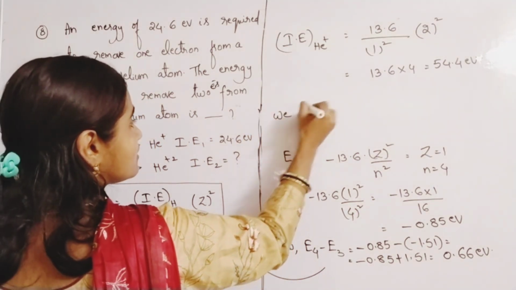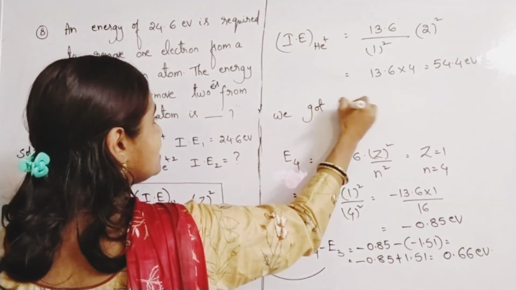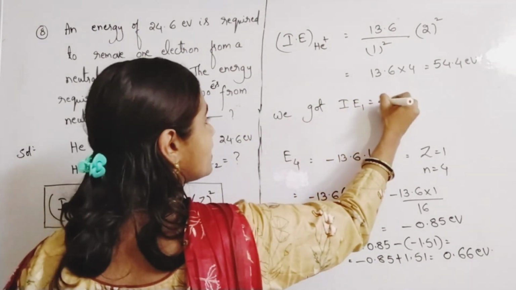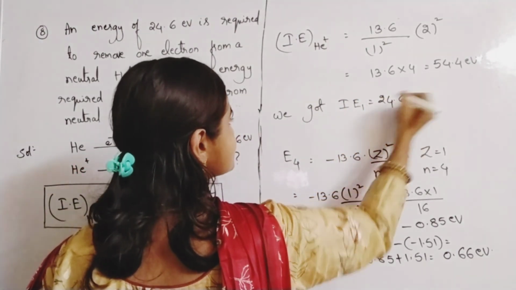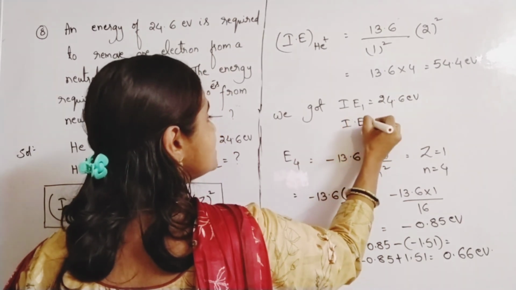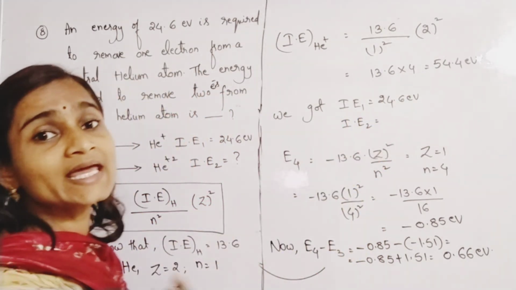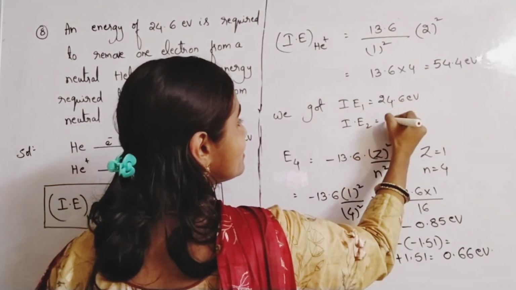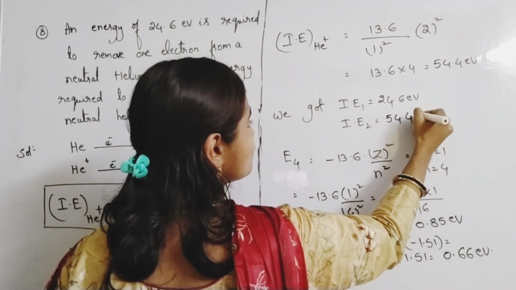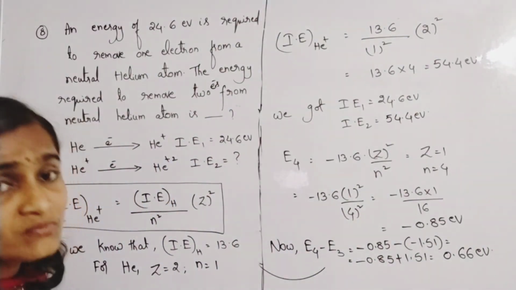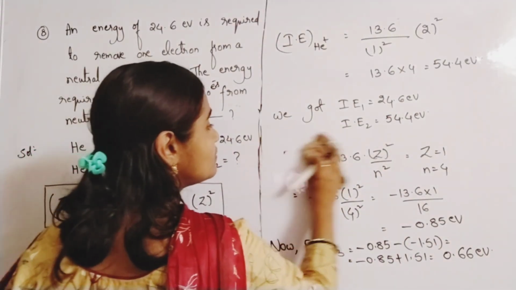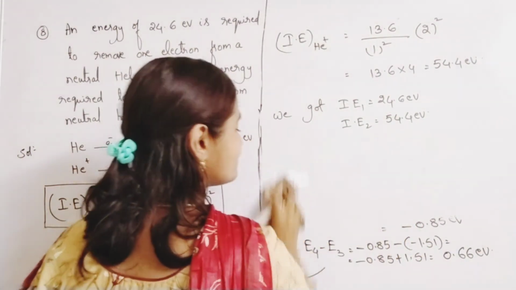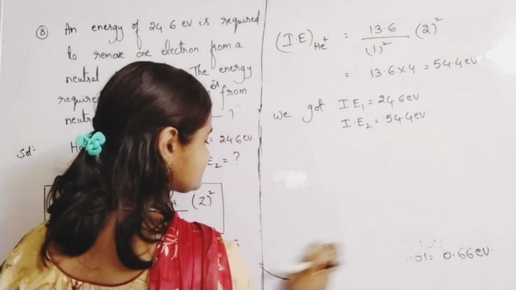We got IE1, first ionization energy, given as 24.6 electron volts, and IE2, to remove the second electron, we got 54.4 electron volts. So to remove both the electrons, how much is the total energy required? We need to add.